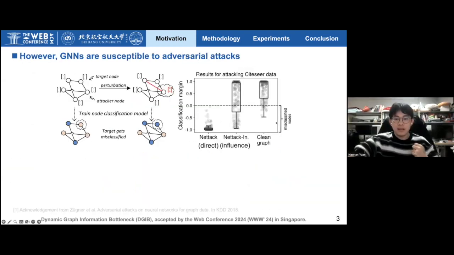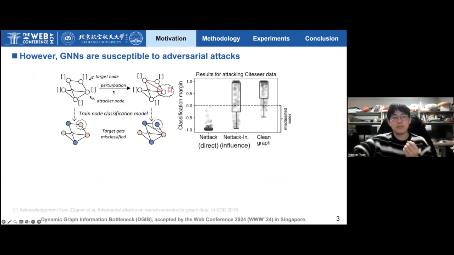As is well known, powerful GNNs are susceptible to potential adversarial attacks. Let's see the example of the node classification task. We have an attacker node and the target node to be attacked.